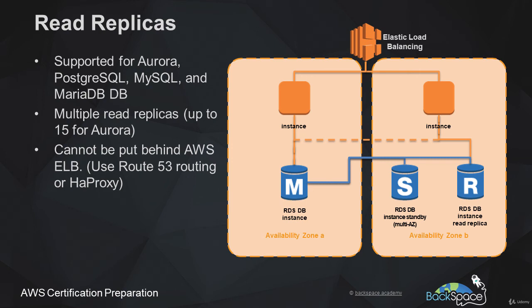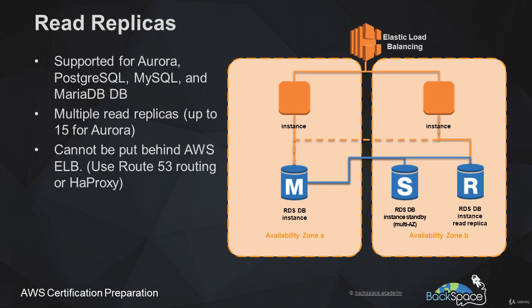Or you could use a third-party load balancer such as HAProxy, which could manage that along with a bit of code to look after synchronization and this sort of thing. So that is how that would work.